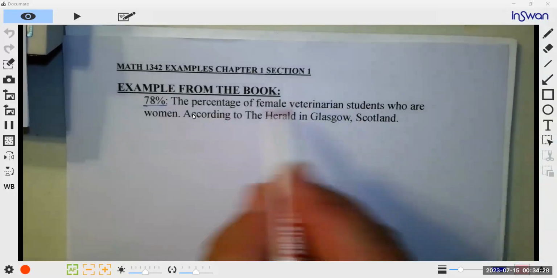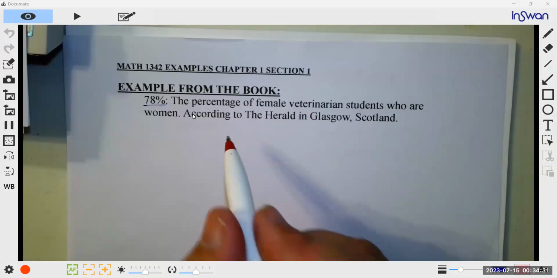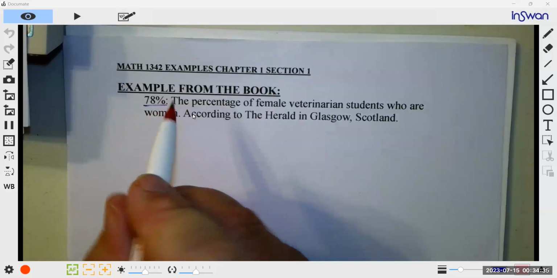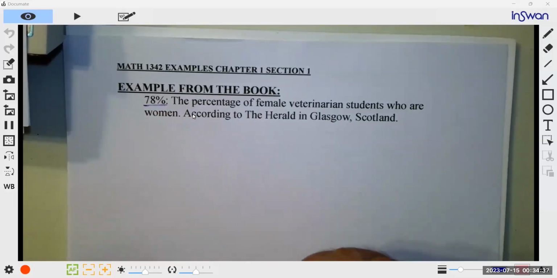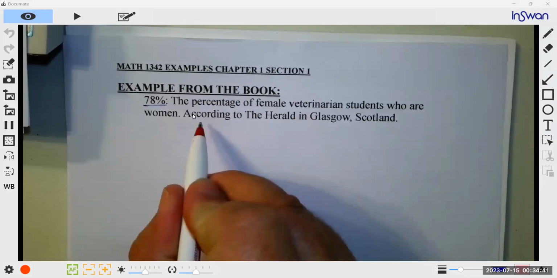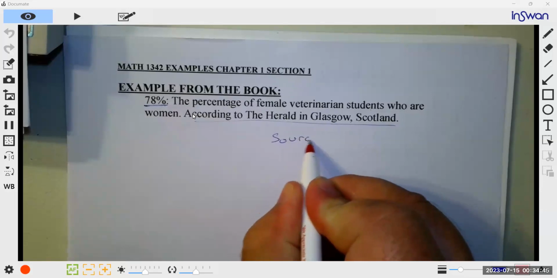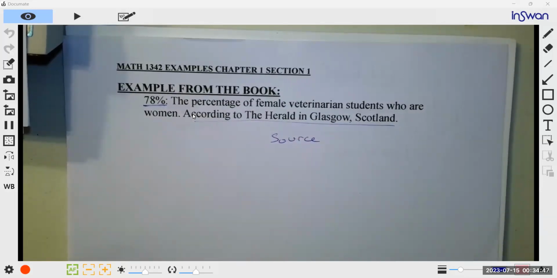Even though this is a humorous example, whenever you make any statement that uses numbers, a percent or a ratio, a comparison, always state the source where it came from, because it has to be verified before you can use it.